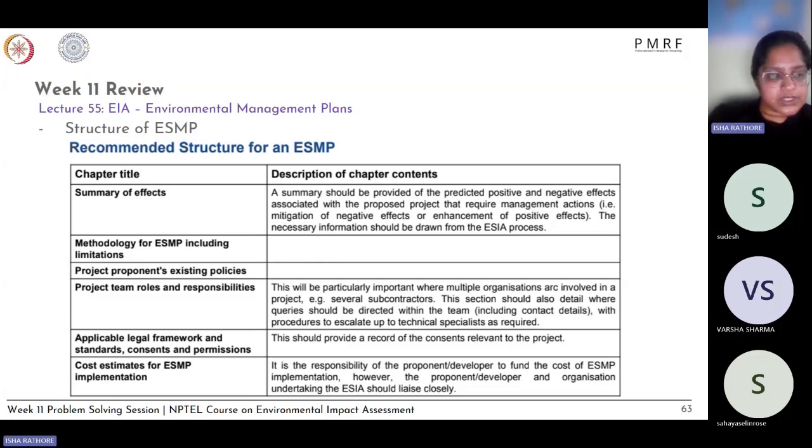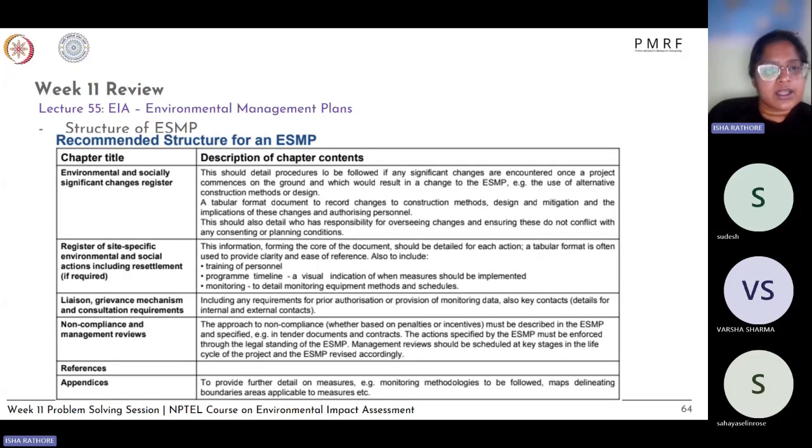Okay. And then what were the cost estimates or budgets for the implementation? Then environmental and socially significant changes. So all of these specific things are mentioned. If there were any site-specific environmental and social actions which were undertaken, so any sort of land acquisition, resettlement things can be mentioned here, and their processes and further things.